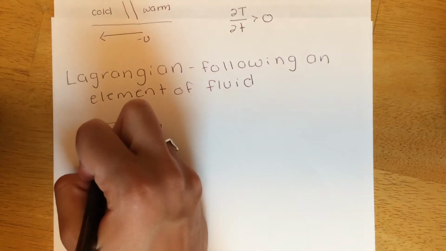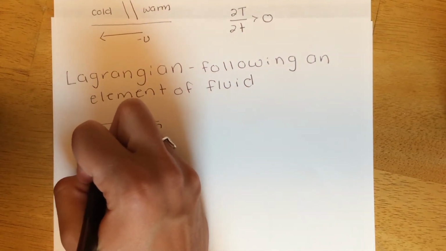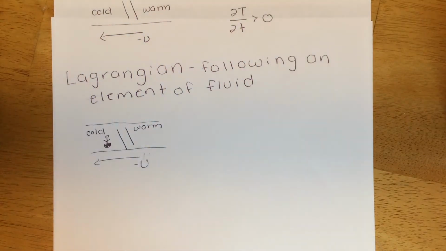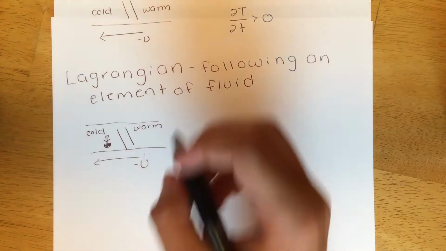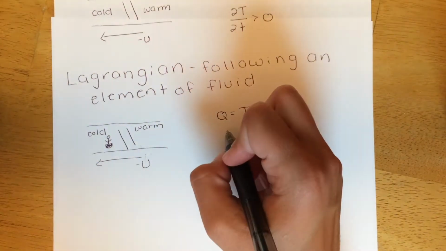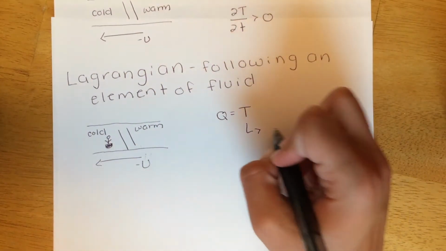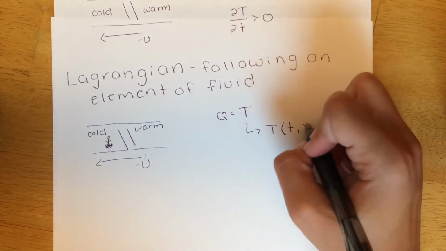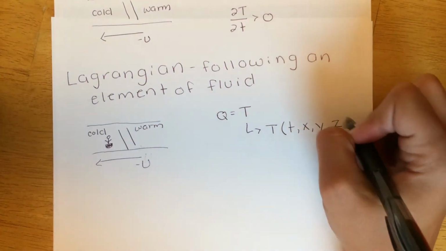In the same river scenario, the Lagrangian reference frame would be more like measuring temperature from a boat while flowing along with the river. In this case, the temperature changes with time, but also position, so it depends on t as well as x, y, and z.